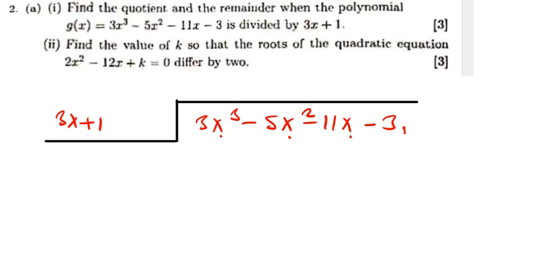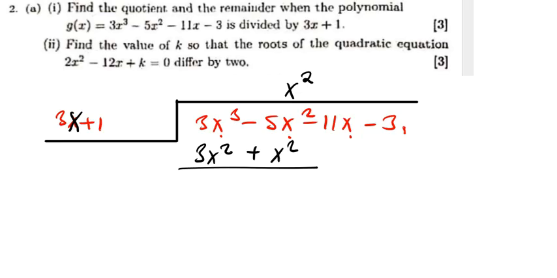Now let's divide. We are dividing 3x into 3x to the power 3. So x squared will go; 3 into 3 is 1. That x squared should be straight with the guy having x squared. X squared times 3x is going to be 3x to the power 3, then times 1 is going to be plus x squared.